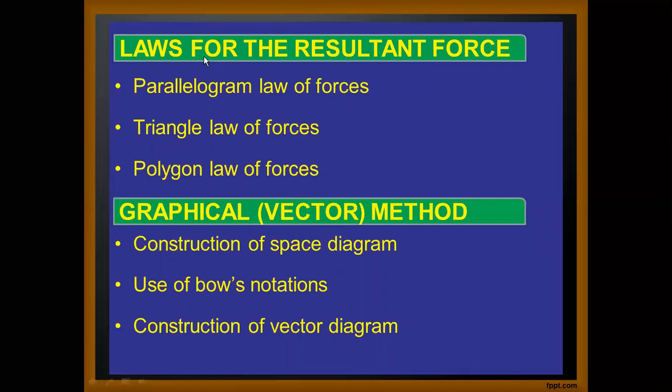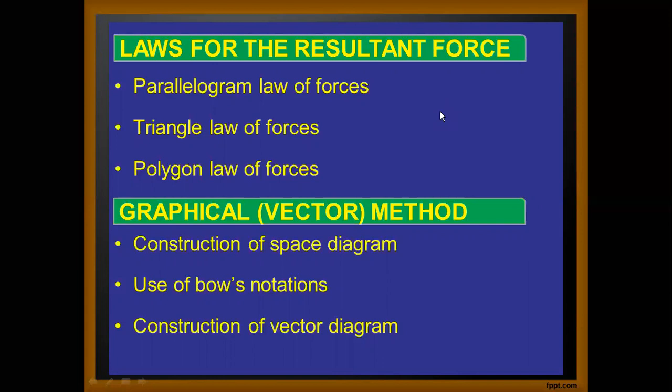What are the different methods available for calculating the resultant? In the analytical method, we can determine the resultant force by using the parallelogram law of force, triangle law of force, and polygon law of force. We will discuss what these different laws mean.